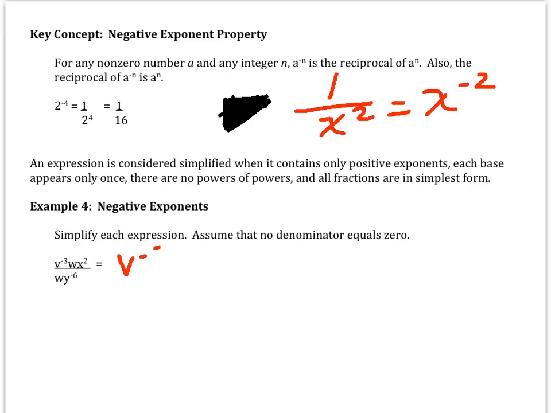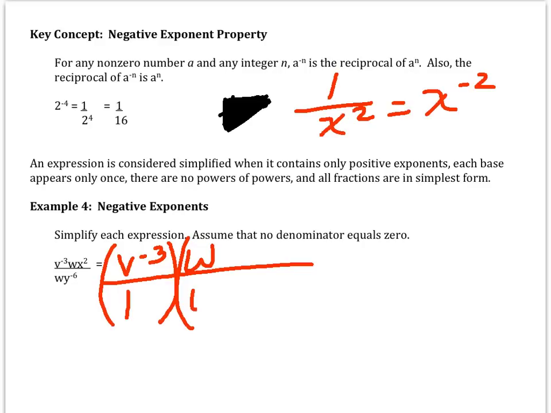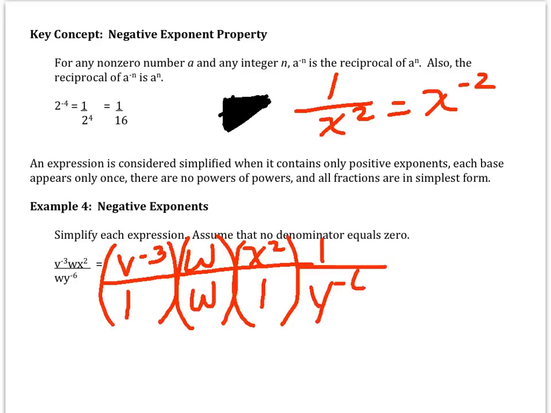So we're going to have v to the negative 3rd, and v to the negative 3rd over 1 is the same as v to the negative 3rd, just like 5 is the same as 5 over 1. And then we have w over w, and then we have x squared, and remember that if I put it over 1, it's just making it into fraction form, and then I have 1 over y to the negative 6th.